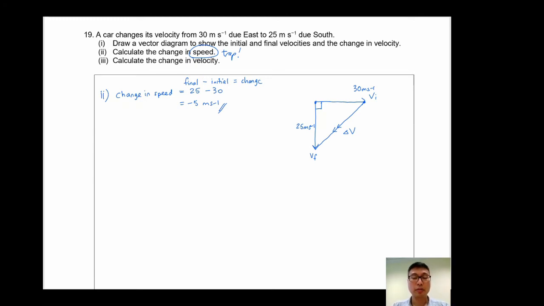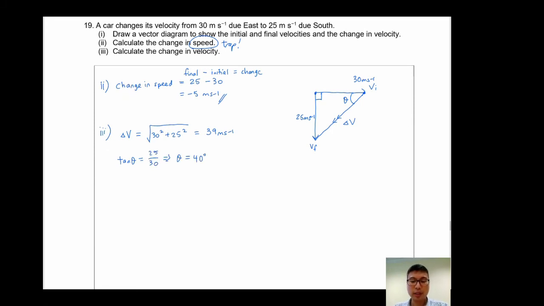Now, how about the change in velocity? Now, this one can be obtained from Pythagoras' theorem. The magnitude of the change will be... how about the angles? Now, we need to figure out at least one of the angles here. So we can use this angle theta, and we can see that tangent theta is given by 25 divided by 30.